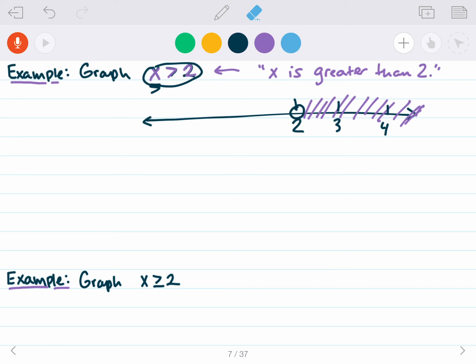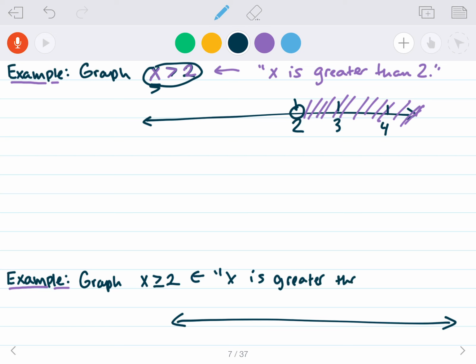Okay, now we want to graph x is greater than or equal to 2. There's just one small subtlety here that's different from the previous example, and that is the line under here. That means that we're going to include 2 in our set, because what this set says is x is greater than or equal to 2.